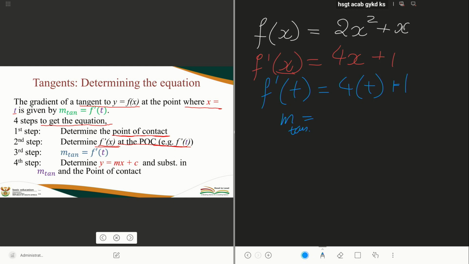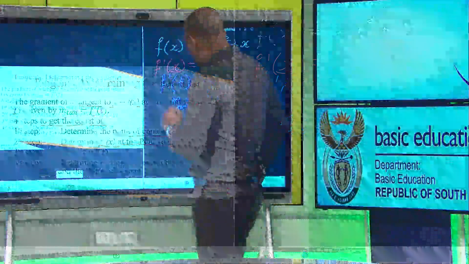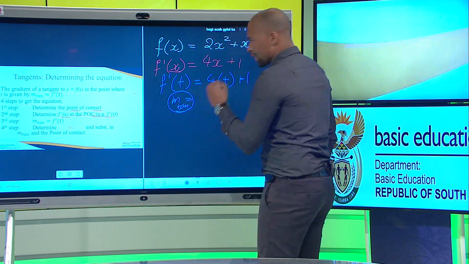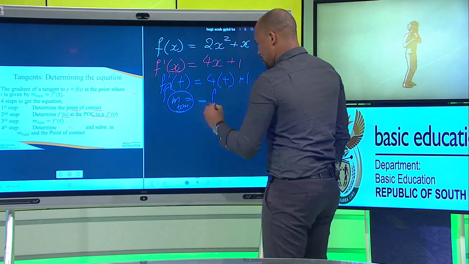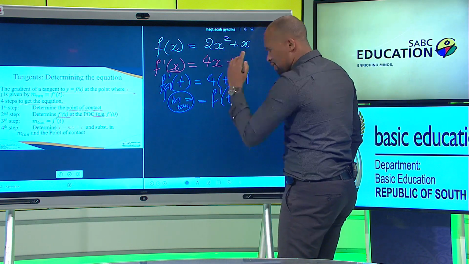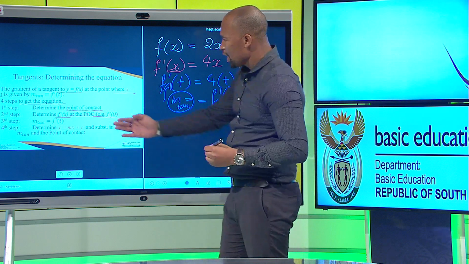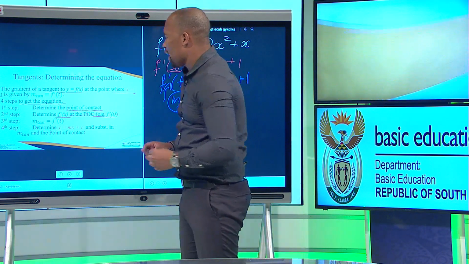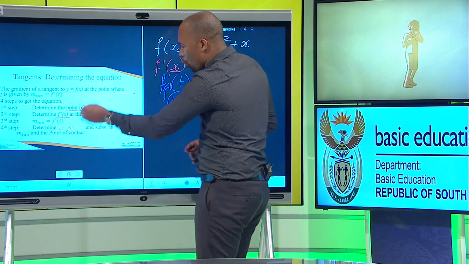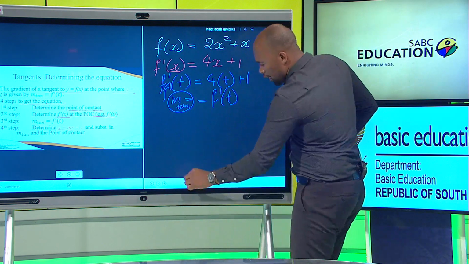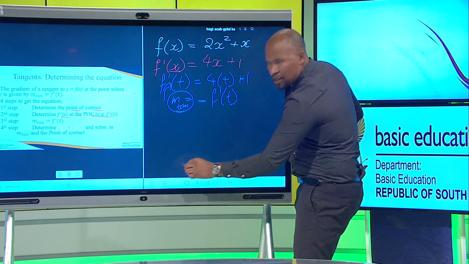So step 3, the same gradient is equal to the first derivative at t. Then we determine y is equal to mx plus c. Why am I using y equals mx plus c?